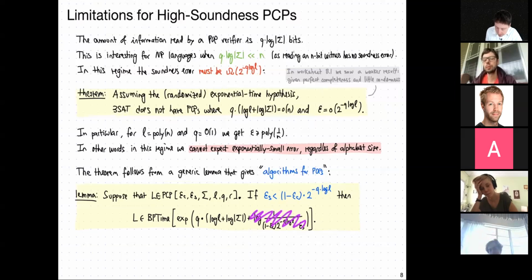The point is that if your soundness error is too small, according to this threshold, then you can decide the language in time that is exponential roughly in Q log sigma. Log L here is not very important. And we wanted Q log sigma for the PCP to be interesting, already to be sublinear. So this is a bad conclusion. It means that L cannot be hard, cannot be exponentially hard.